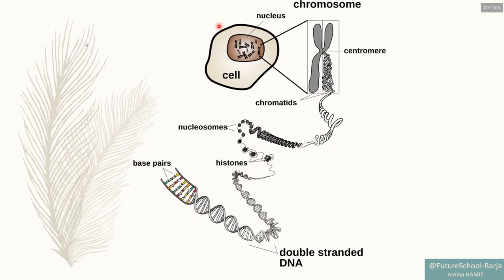In this cell, if you want to see the karyotype, you will see chromosomes in this cell. This chromosome is made of 2 chromatids attached in the center, in the middle, by a centromere. Okay, and if you want to look at the chromatids in detail, I said last grade, in grade 9, that we find them as a filament, and condensed. Okay, when it is condensed I can see it. Okay, it is visible. And here we call it chromatin. But even if it is visible, I want to look at its details and see how it is made up, what it is made of. We will see these later.